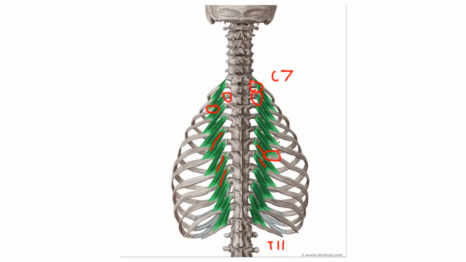Whatever attaches on the upper border of a rib will elevate the rib, and whatever attaches on the lower surface or lower border of a rib will depress the rib. So the levator costarum muscle will elevate the ribs, and it is supplied by posterior primary rami of C8 to T11 nerves.